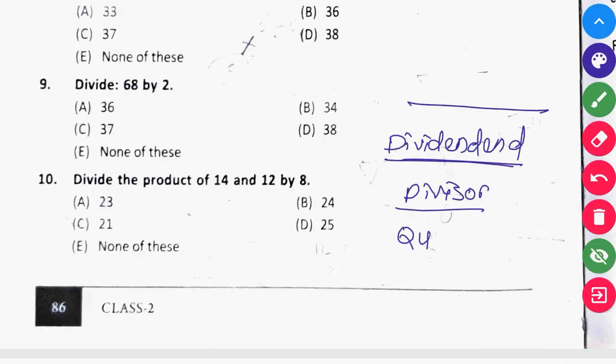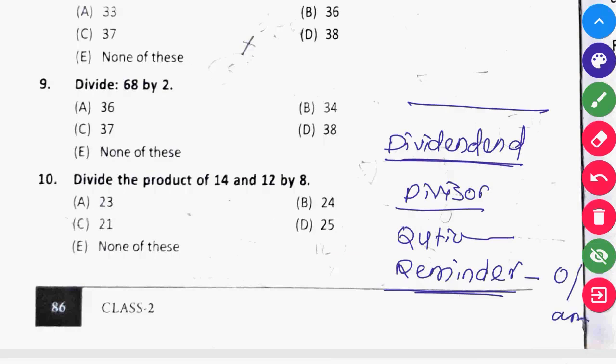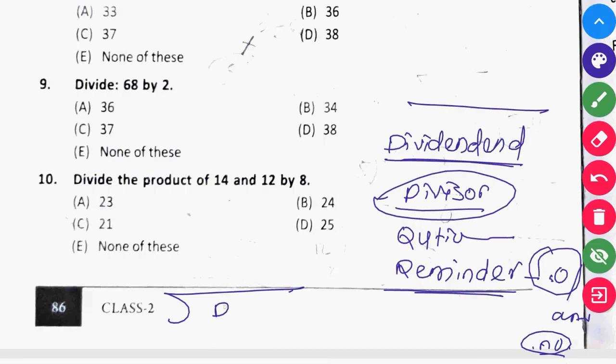We get the answer known as the quotient, and what remains after the division is known as the remainder, whether it is 0 or any number. We divide until we get a remainder of 0 or a number less than the divisor. Dividend will come here, divisor will be here, your answer quotient you get at the top, and remainder will be at the bottom of the problem.